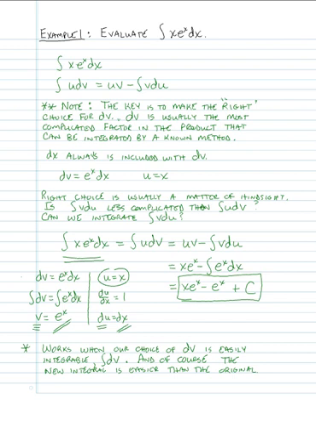Now, I guess it might be worth looking on the next page that we could have made a wrong choice here. Again, here, as I was saying, for the integral of x e to the x with respect to x, a wrong choice would have been, or not a good choice, would have been making dv x dx and u equal to e to the x.